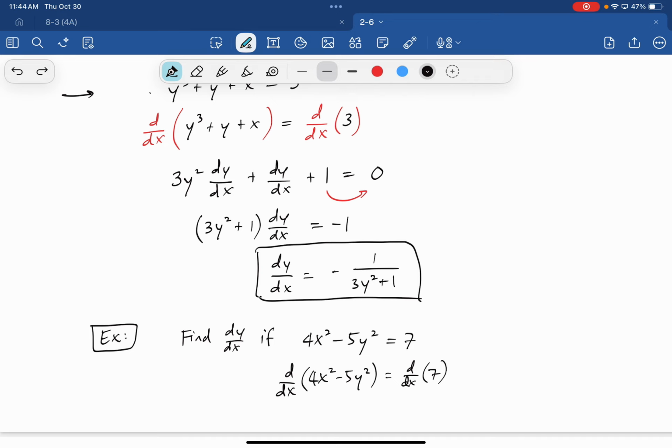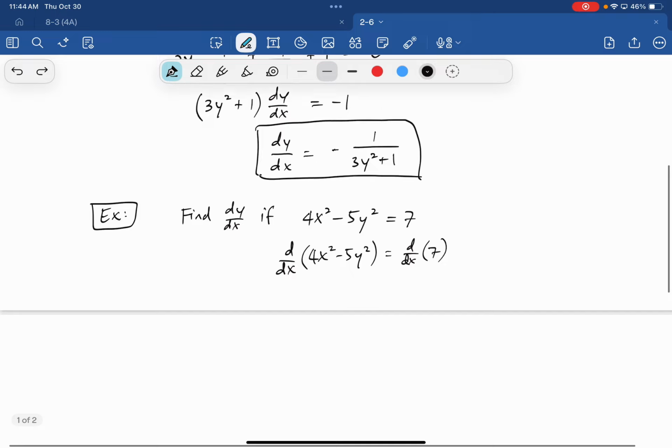So you replace it with the y. Replace it? So I'm taking the derivative of every single term here, y cubed plus y plus x. And so that leaves me with the derivative of y cubed, which is 3y squared, then the derivative of y, and also the derivative of x. I'm not sure what you're asking.